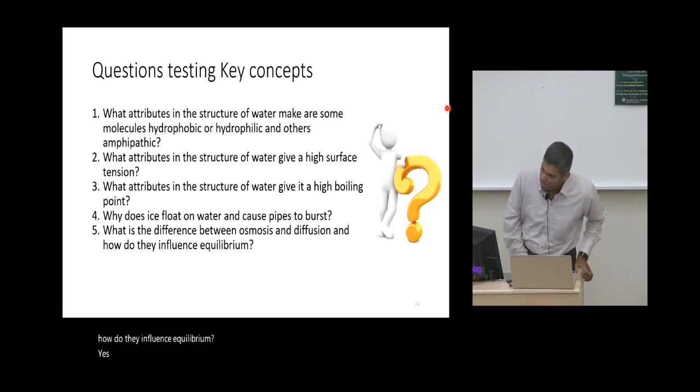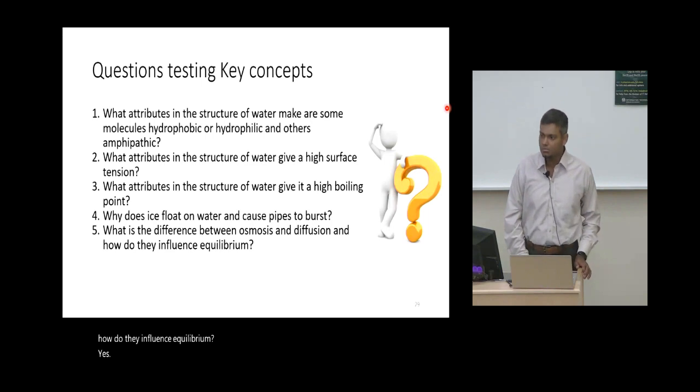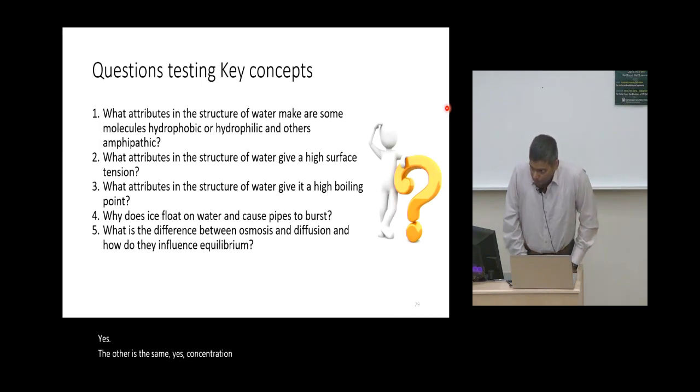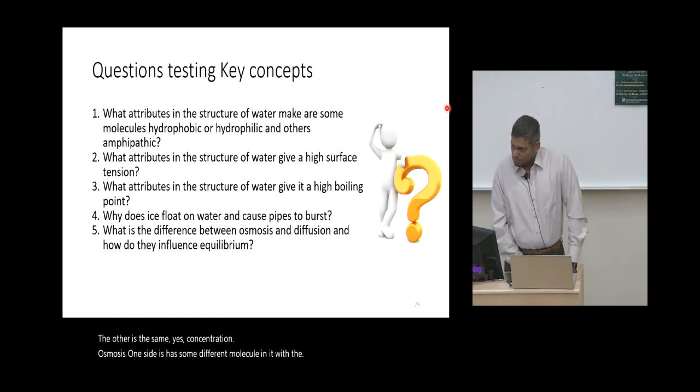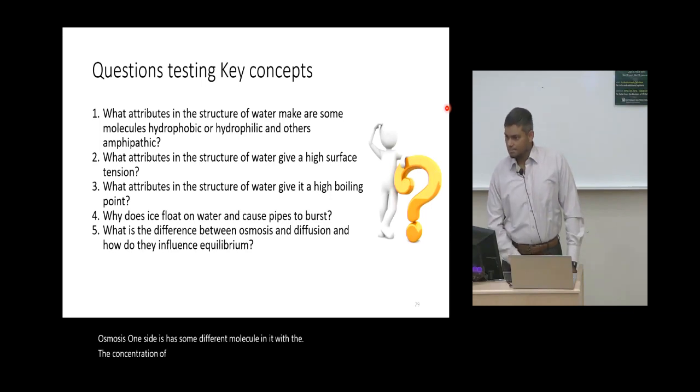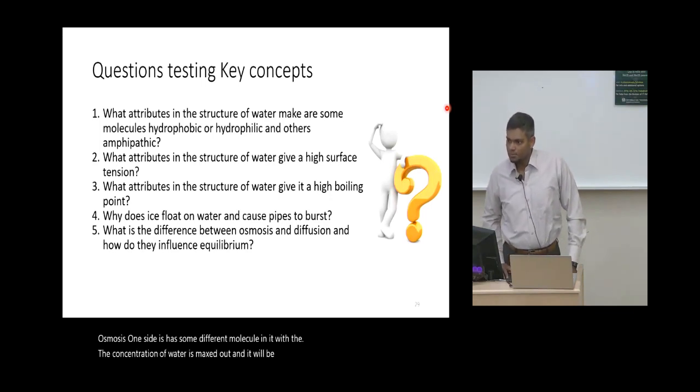Equilibrium is when the movement from one area to the other is the same. So with osmosis, if one side has some different molecule in it, if the concentration of water is maxed out, then it'll be equilibrium because the water movement from the higher concentration to lower concentration is the same.